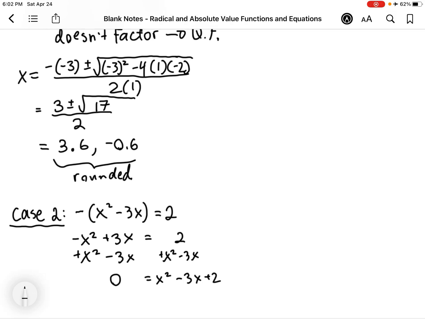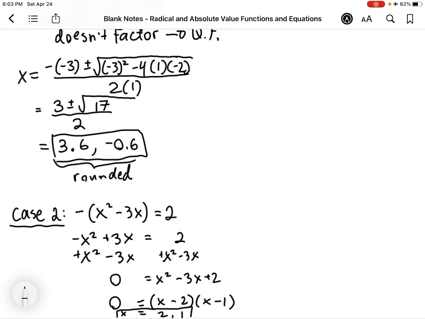And that does factor because here we're looking for two things that multiply to 2 and add to negative 3. And so we have negative 2 and 1. So that's going to give us x equals 2 and 1. Okay, so we've got these and we've got these.